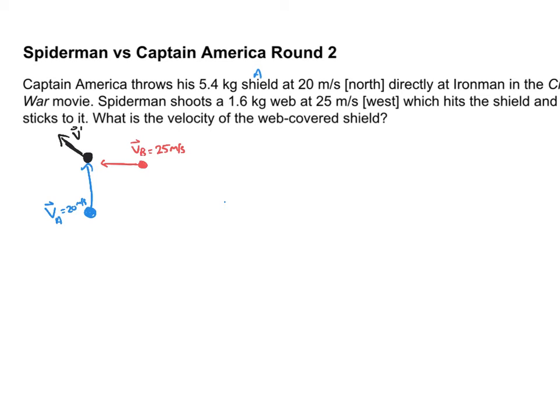The masses were given, so the mass of the web, MB, is 1.6 kilograms, and the mass of the shield is 5.4 kilograms. Okay, so it looks like we have a lot of the information here.